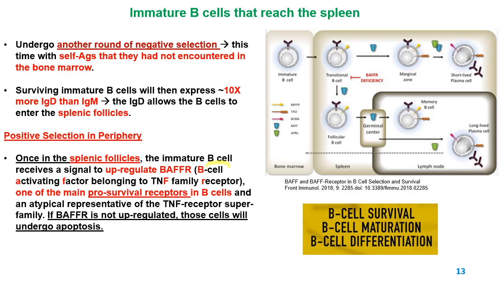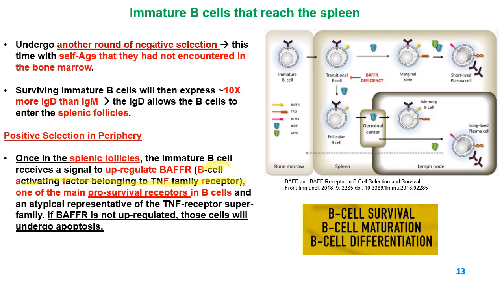B cell activating factor belonging to the TNF family receptor. Yeah, that's the name of the molecule. To make life simpler, we call it BAFF, or you can think of it as the B cell best friend forever, which makes sense. Why?